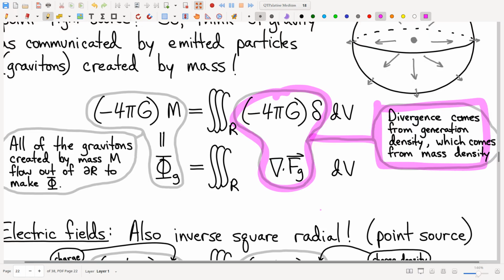So this little crutch of thinking of gravity as communicated by gravitons combined with the divergence theorem gives us a bonkers, simple, powerful conclusion that would have been basically impractical to achieve otherwise. And so, really awesome application of the divergence theorem. Everybody buying it? Okay.